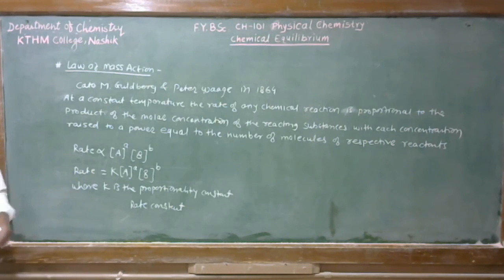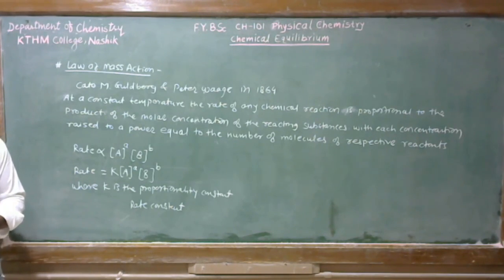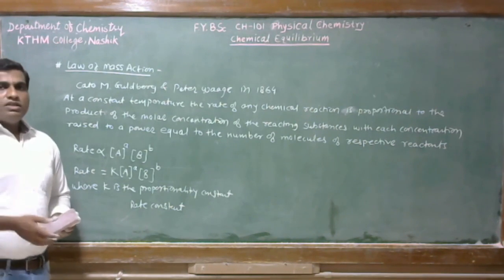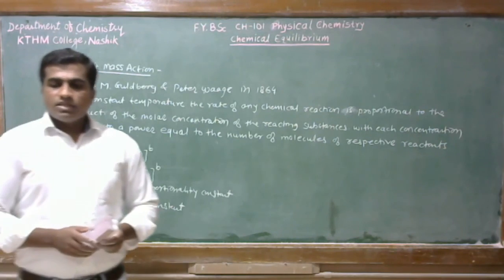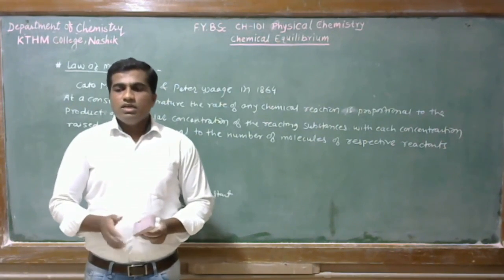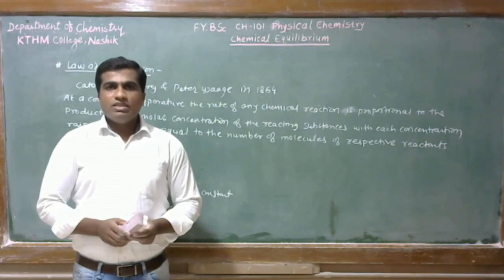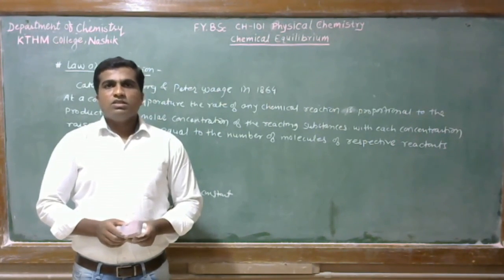And then we have also seen the law of mass action. Okay. So in the next lecture we will discuss the law of chemical equilibrium. I hope you got all these points. Thank you.